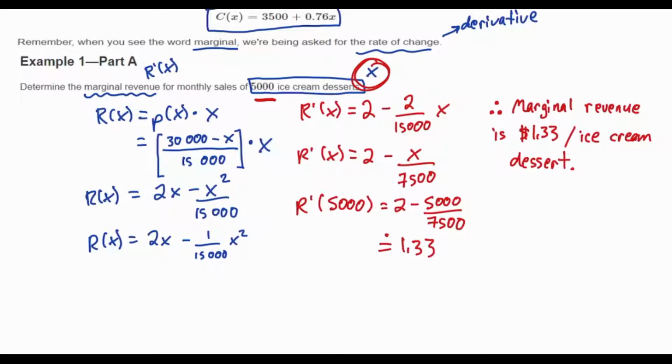And remember, it's a rate. So when I'm finding marginal revenue, it's a rate of change. And so it has to be something over something. So our unit is something over something. And in this case, it is dollars per, I'm just going to say item to describe it in general terms. But in this case, it's dollars per ice cream dessert.